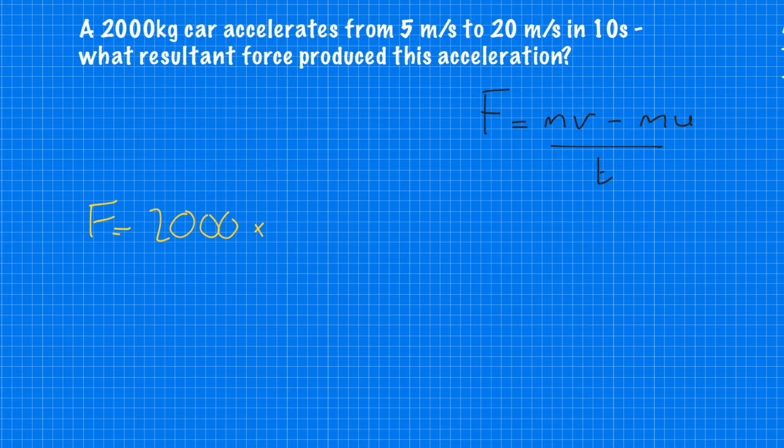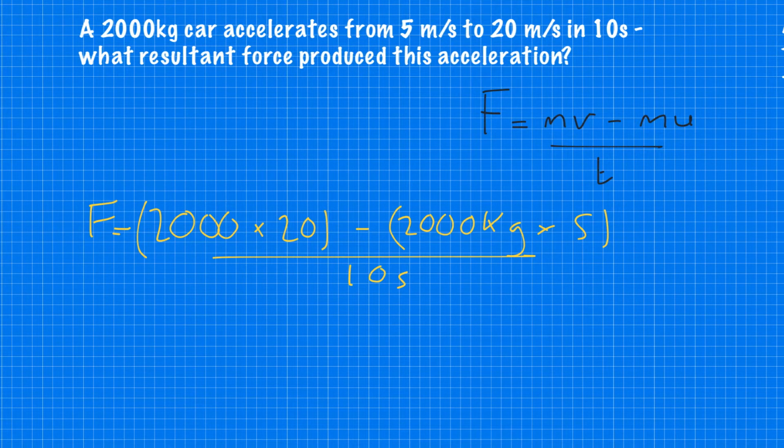So it's v in our equation first, which is 20 meters per second. And then we're going to subtract from that our mass again, 2,000 kilograms, multiplied by the initial velocity, which was 5 meters per second. And we're going to divide all of that by the time it took, which is 10 seconds.